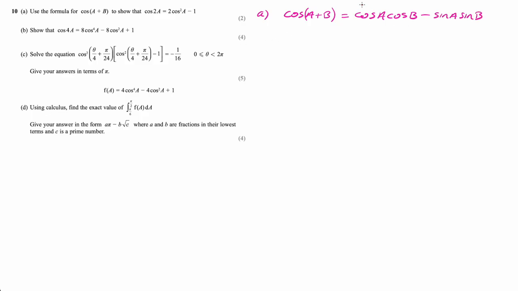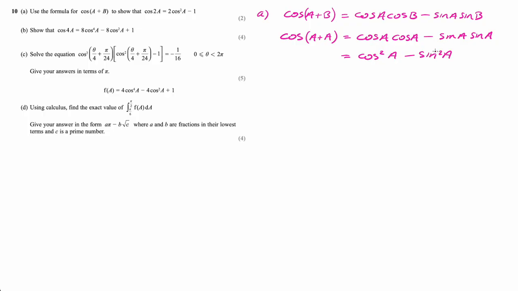Okay, that's given in the formula sheet. Imagine if this was cos a plus a. So now we'll just make b equal to a. So this is cos a cos a minus sine a sine a. This becomes cos squared a, because we're just squaring them, and this becomes sine squared a.